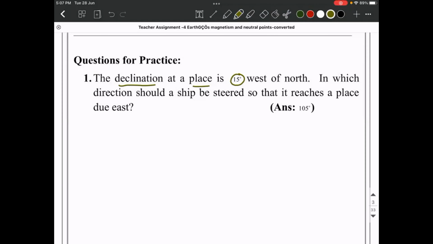That 15 degrees should be measured from north. It is not northwest. Northwest means 45 degrees. West of north doesn't mean 45; it can be any angle. So west of north is 15 degrees. Is there anyone having doubt or confusion with this? Is everyone clear?